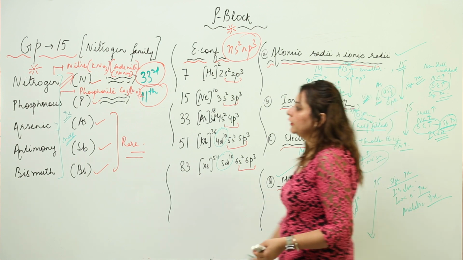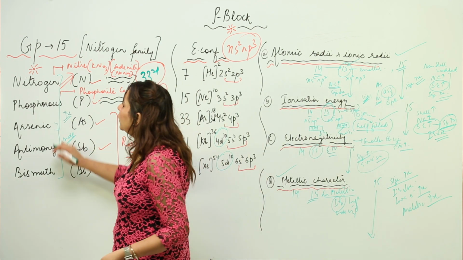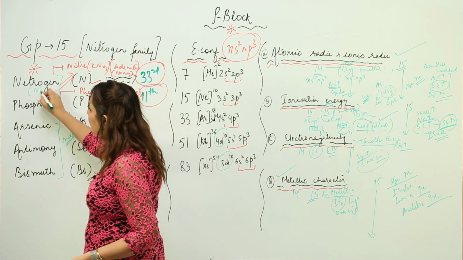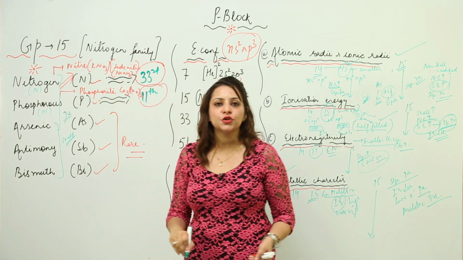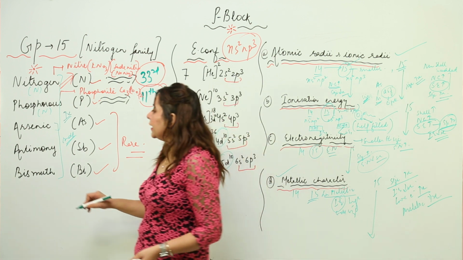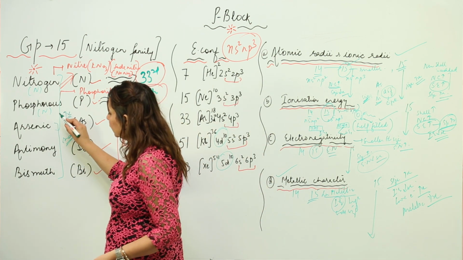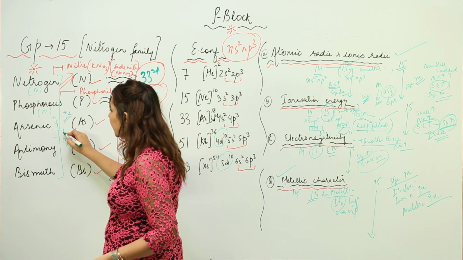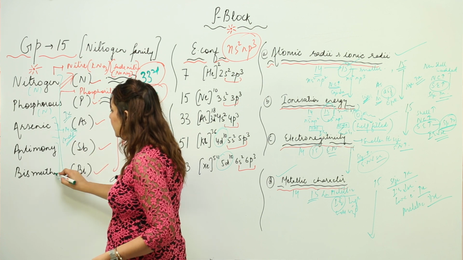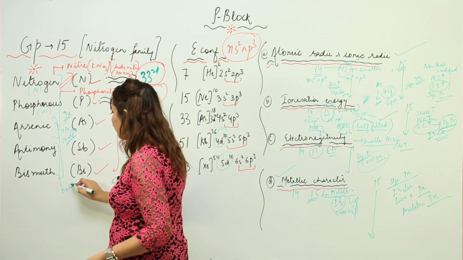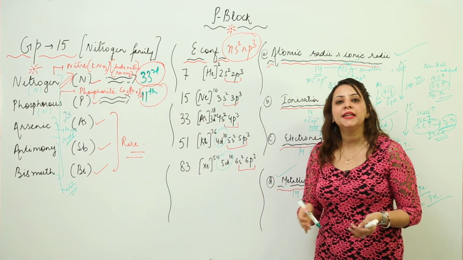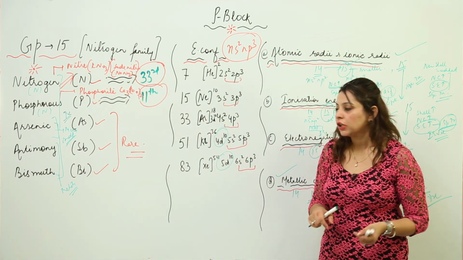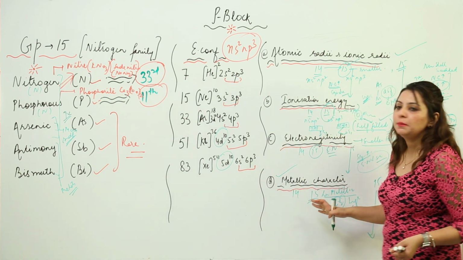Nitrogen is a typical non-metal, phosphorus is a typical non-metal, because they have high ionization energy because of their small size. And we see that arsenic is a metalloid, and antimony and bismuth are typical metals because they have big size, low ionization energy, and a tendency to lose electrons. So this is how you are going to explain the metallic character.